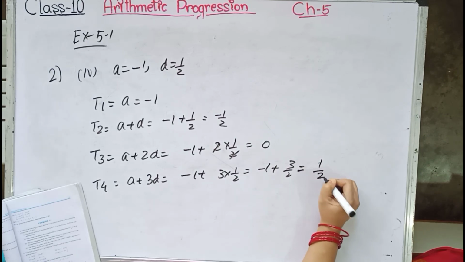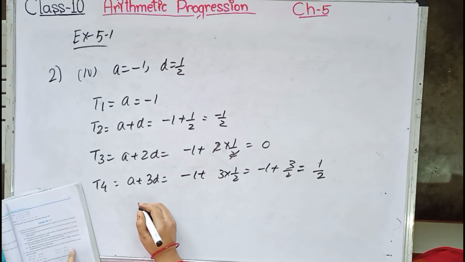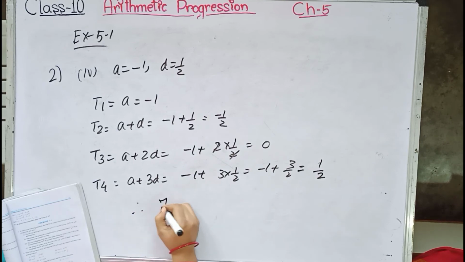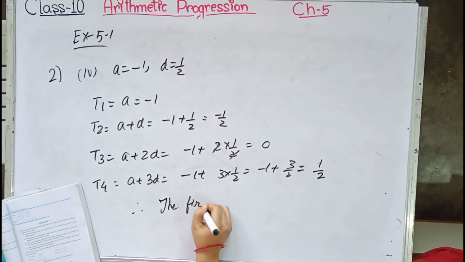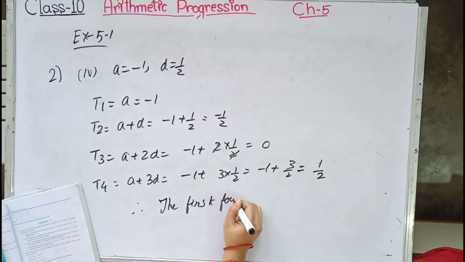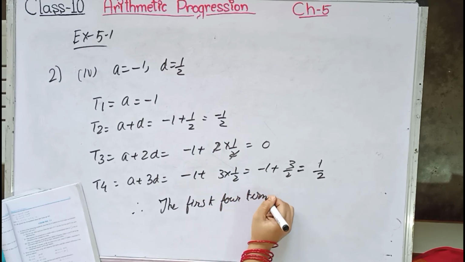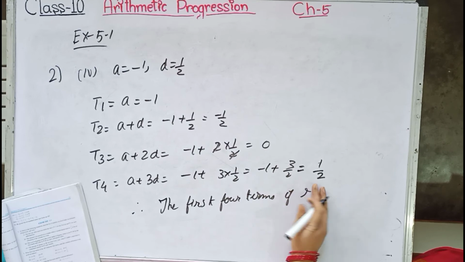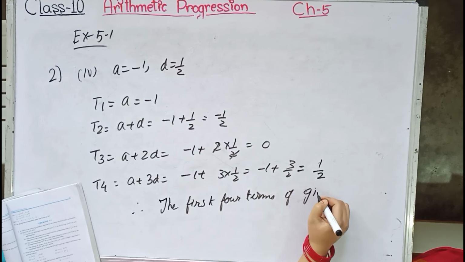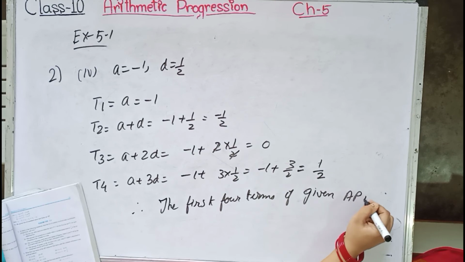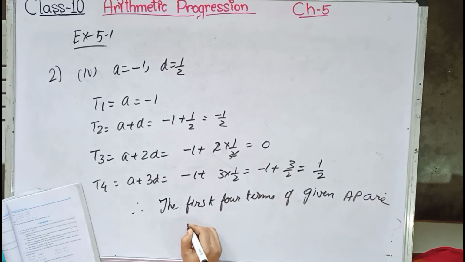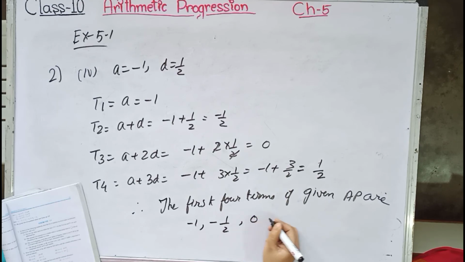So 1 by 2. So our series is, therefore, the first 4 terms of the given AP are -1, -1 by 2, 0 and 1 by 2.